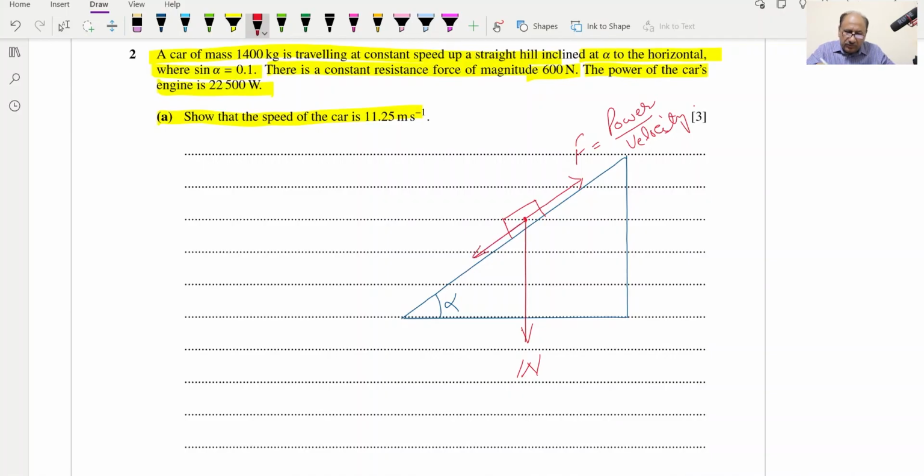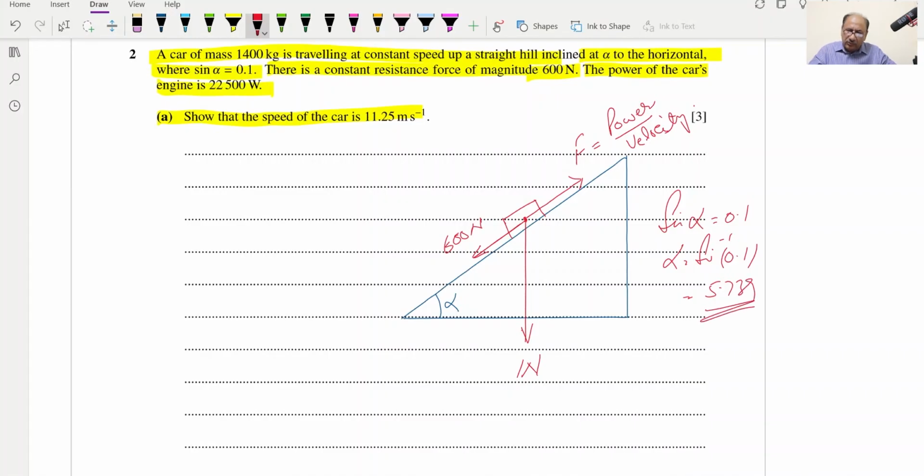There is a resistive force in this direction, which is 600 newtons. It is provided that sine of alpha is equal to 0.1, and alpha is equal to sine inverse of 0.1. We can check, and this will give us alpha, which is 5.739.